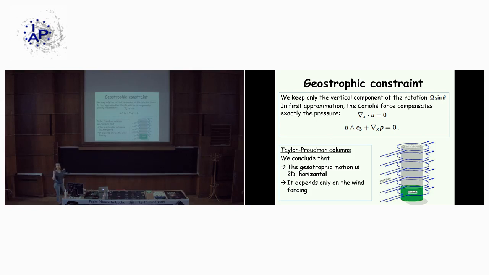So if you have a very, very strong rotation, then what you see is that the flow will be 2D. Okay, so in particular, if you put an obstacle here, just on the bottom in your experiment, you will see that you have what are called Taylor-Proudman columns, and they will just go around the obstacle. Okay, so even on the surface, if you put a little bit of color, you will see that these columns will just avoid the obstacle.